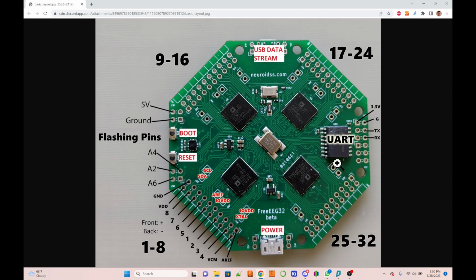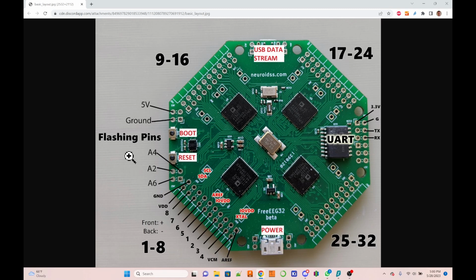If you're just connecting a headset, then now all the information is there. On this side, A2, A4 and A6, as well as the 5 volt and the ground, are needed for flashing the board. But all the boards that were sent out are already flashed and already have firmware on them. And there is a tutorial on GitHub explaining how to do the flashing of these, using these pins.